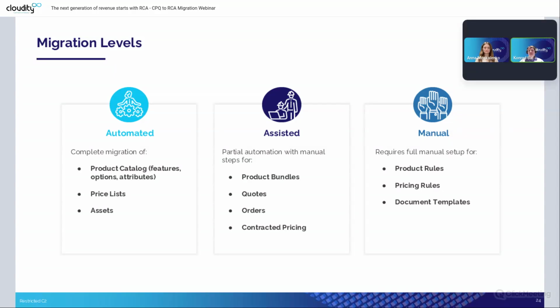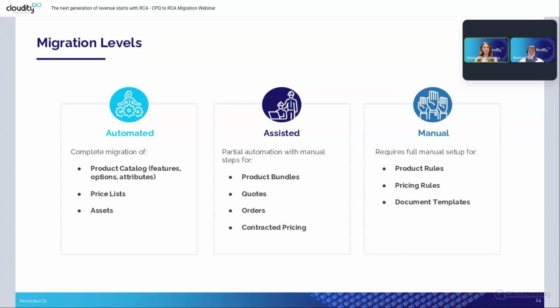So there is no possibility, at least, to migrate that one by one, but our health score will show what these rules are doing, and then we can recreate it in the new world just to meet your needs. And as Anya said, if some of them are orphaned, then we have a great chance here to decide if we really need that functionality right now. Yeah, so that's quite important as well.